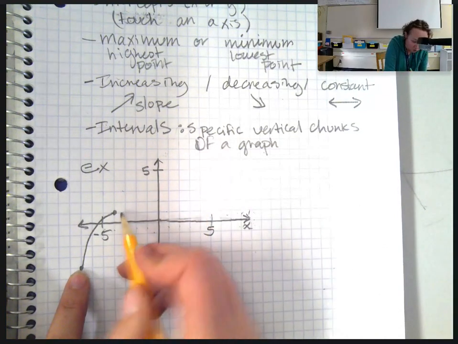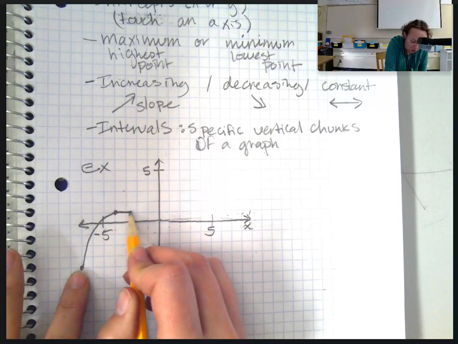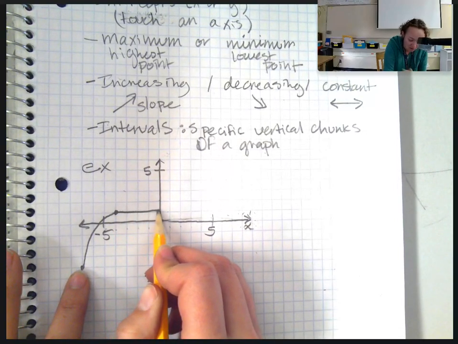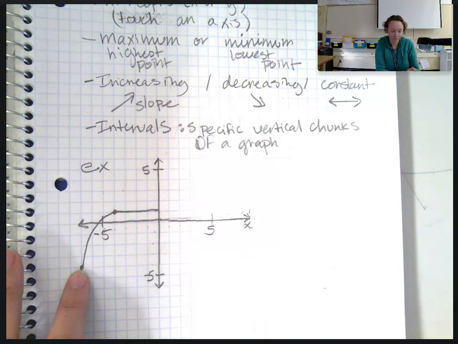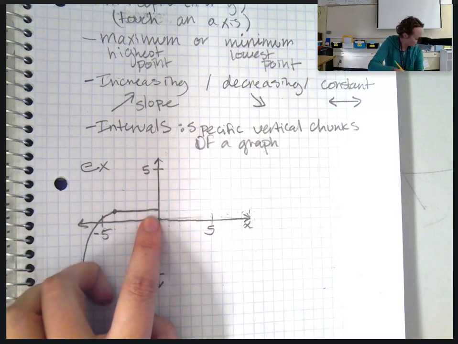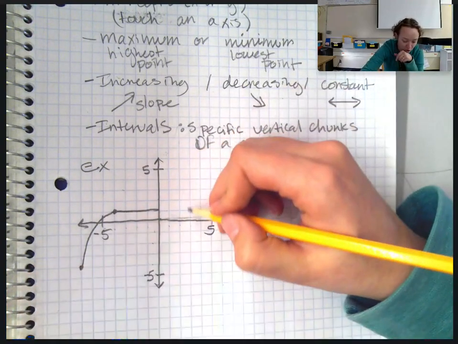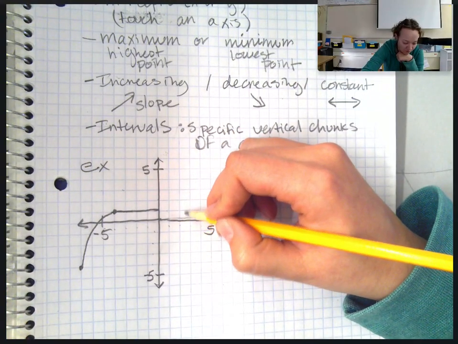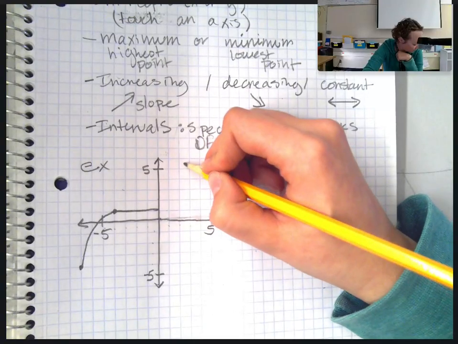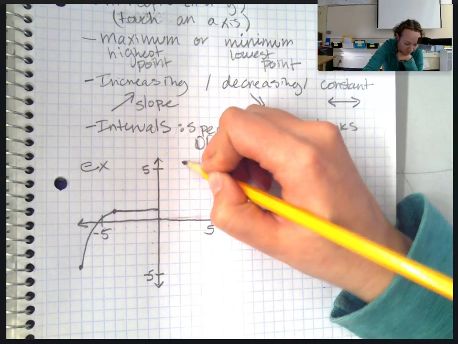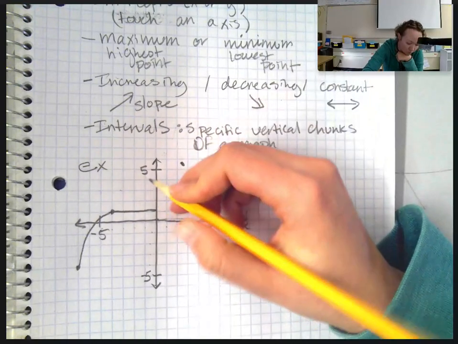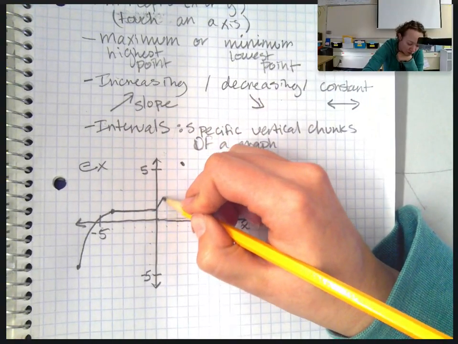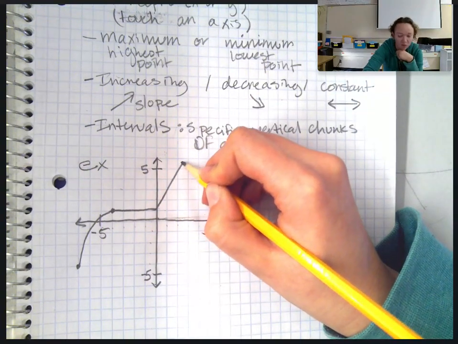Then we're going to go flat. So we're going to do a constant interval until we hit 0, until we hit the axis. Then we're going to show that we don't always have to be perfectly lined up. So let's go to 2.5, 5.5 up here. And we're going to do a linear increasing interval up to there.